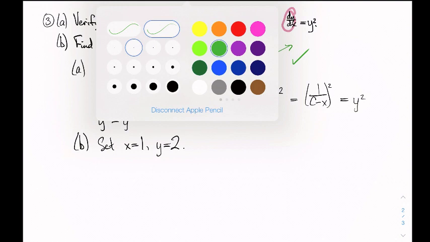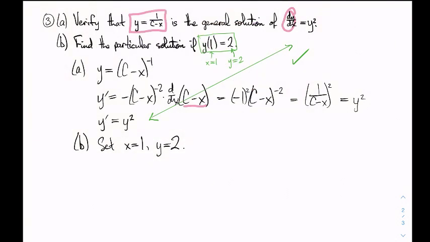So let's see what we get. I'm going to have 2 is equal to y of 1, which is equal to, taking my solution, 1 over c minus 1, because we're setting x equal to 1. Now I need to solve this for c, so I'm going to cross multiply, and I have 2c minus 2 on the left is equal to 1.